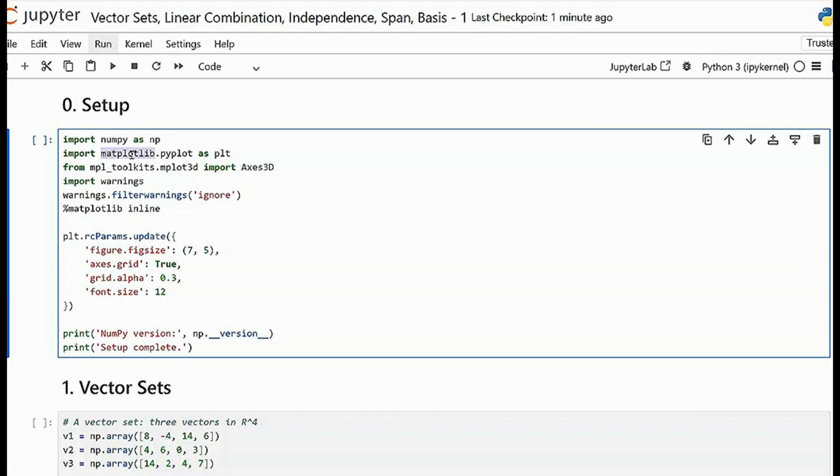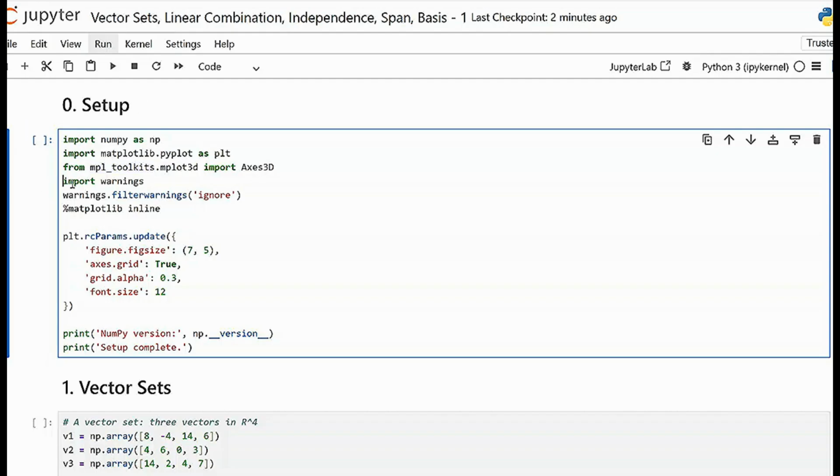This imports the plotting module pyplot with the alias plt, and it is used for creating visualizations such as graphs and figures. Next, we have imported mpl_toolkits.mplot3d. This imports the Axes3D toolkit, which enables 3D plotting capabilities within matplotlib.